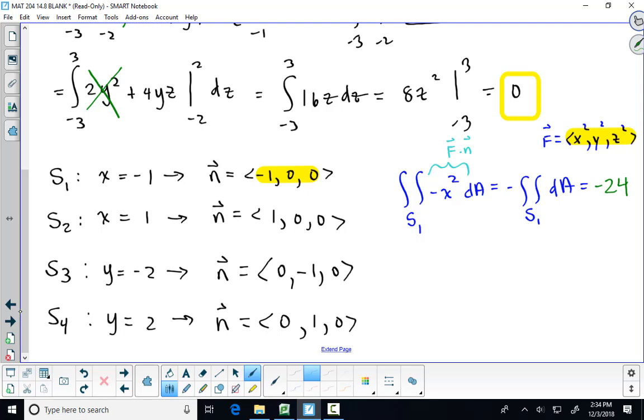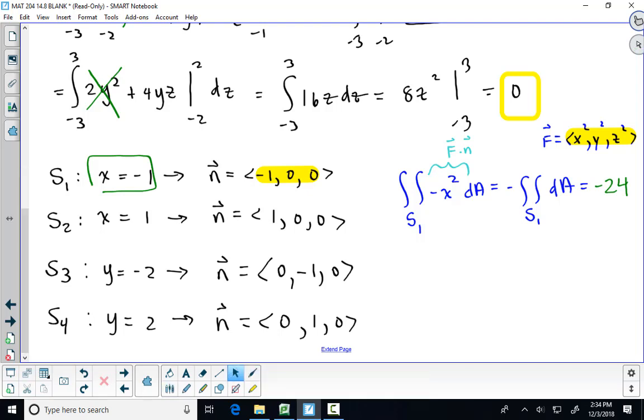What happened to x squared? We plugged in x equals -1. On this face, all the x values are -1, so this can turn into a -1. All right, so let's do the next face.